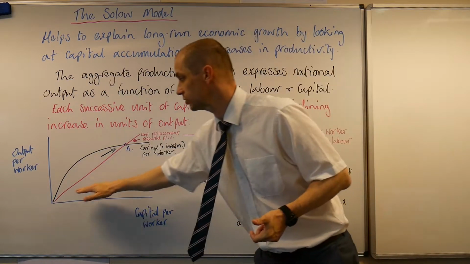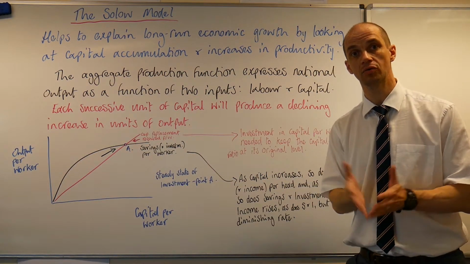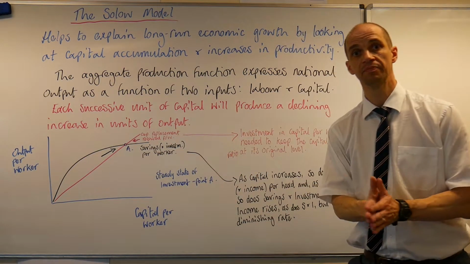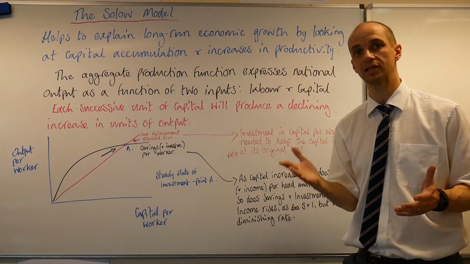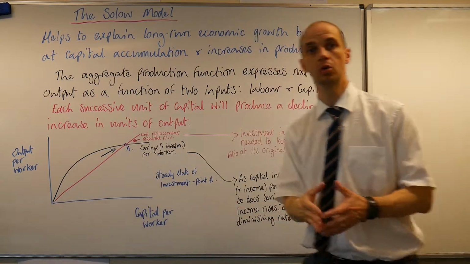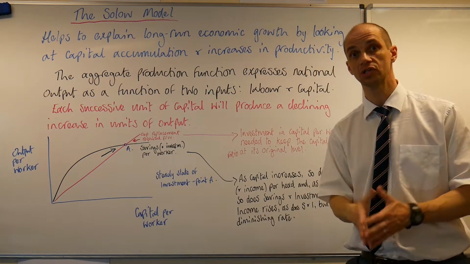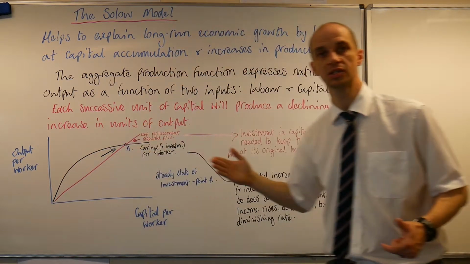Now, what we also see is this red line, which represents the capital replacement requirement per worker. This capital replacement line really reflects points where output per worker and capital per worker are increasing at a constant rate. We can see that given the fact that it's a straight line.